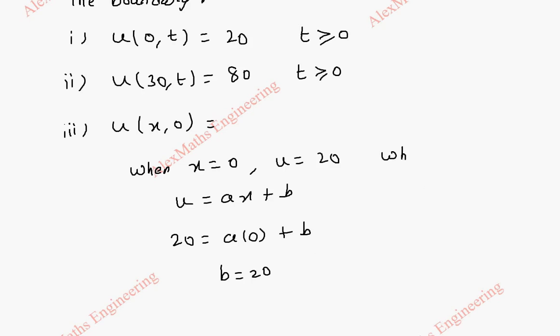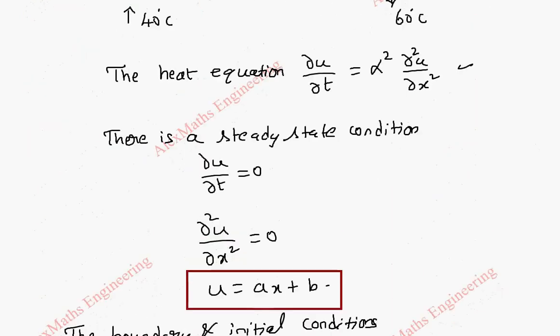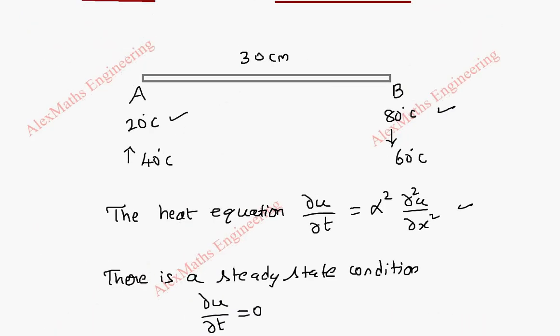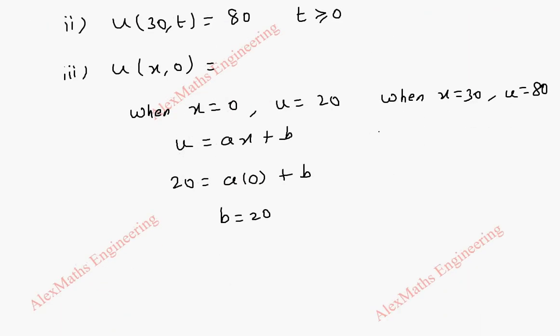Similarly, when x is 30 and U is 80 at the end B, so we have written it here. Using this, U equal to A into 30 plus B, just now we got, and this U we can substitute as 80 itself because we have that as a condition.